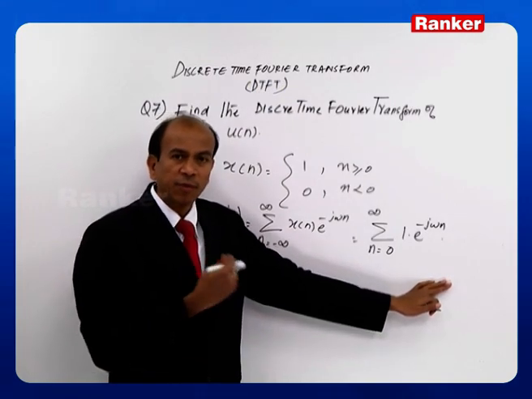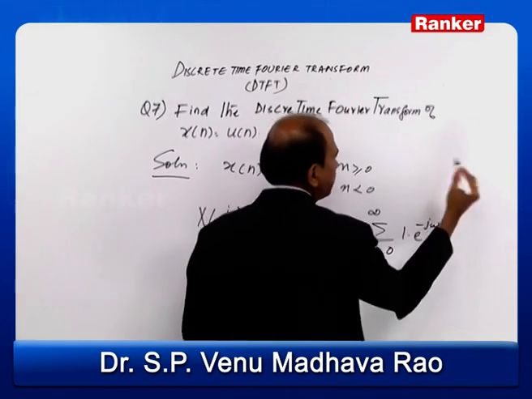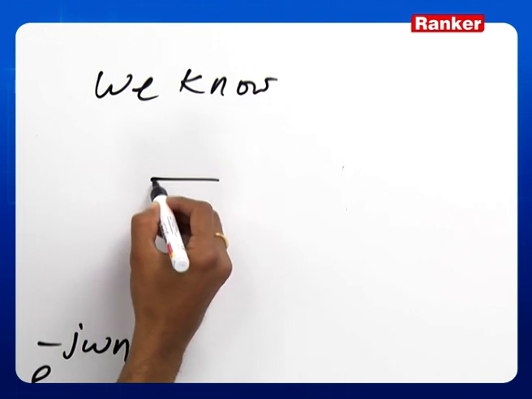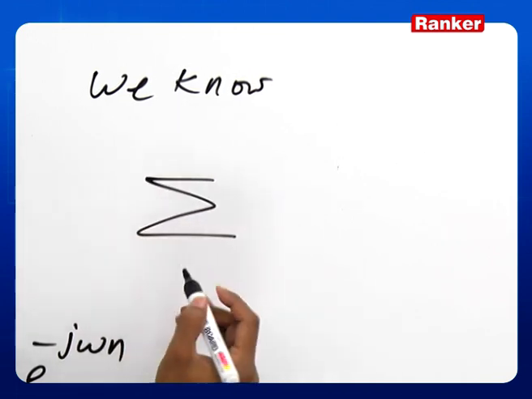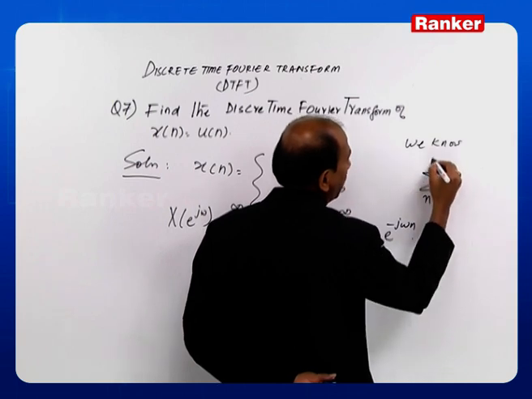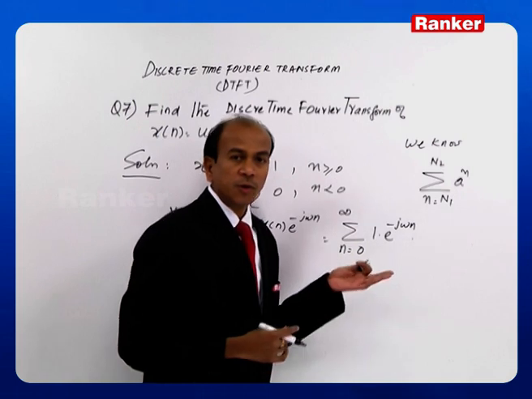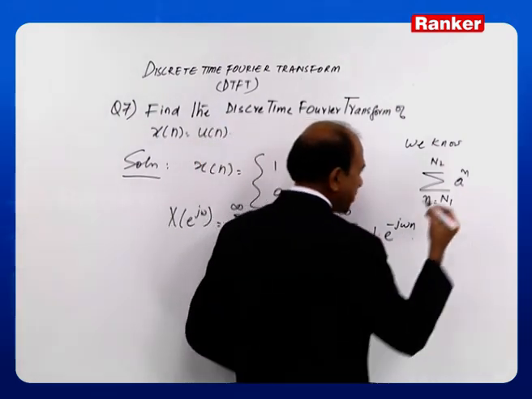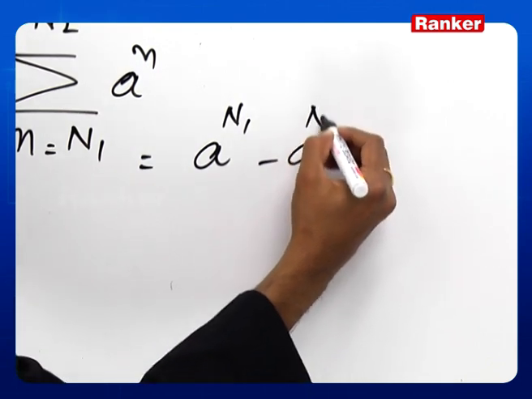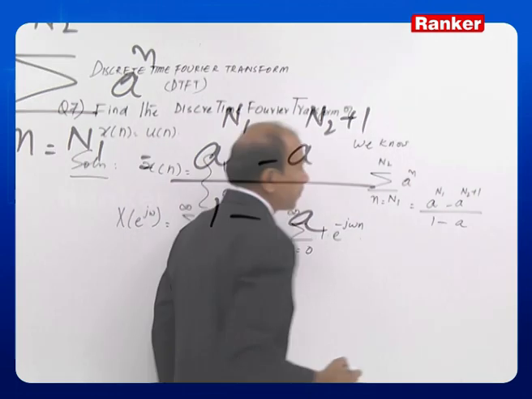Okay. So, now we have to identify what the summation results in. We know one formula for the summation of a series: n is equal to n1 to n2 of a to the power of n. When I do this type of summation, this is given by a to the power of n1 minus a to the power of n2 plus 1, by 1 minus a.